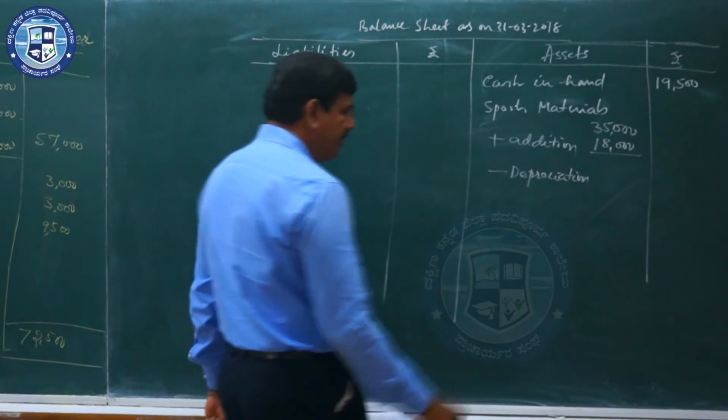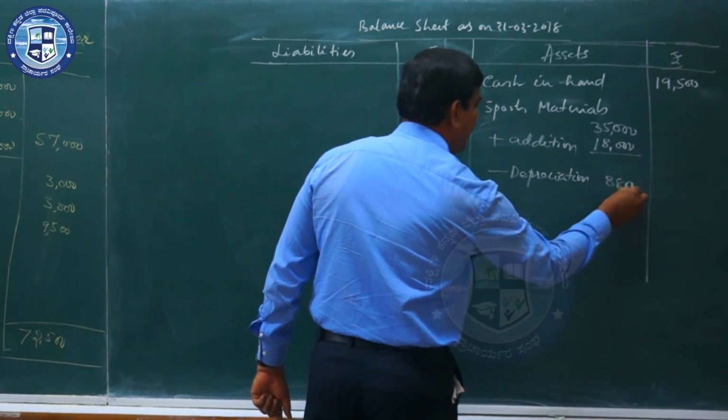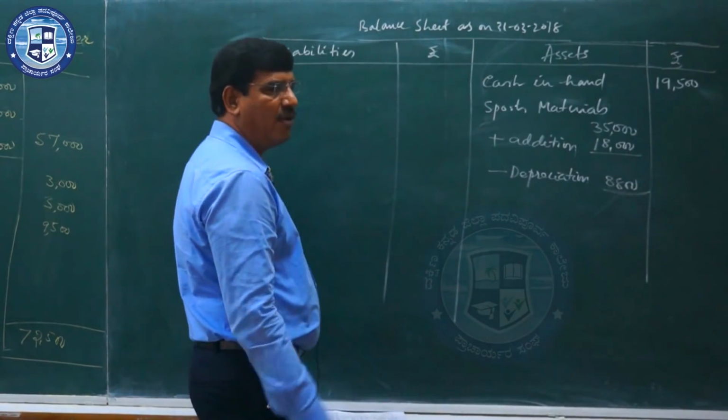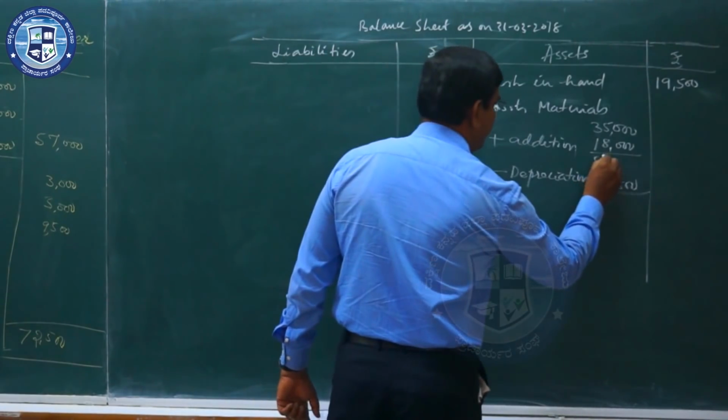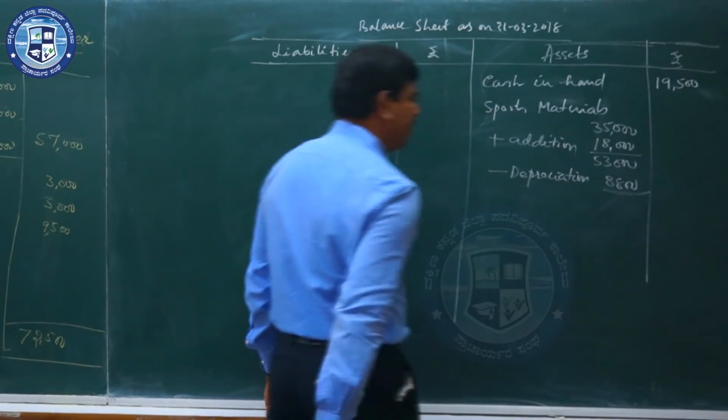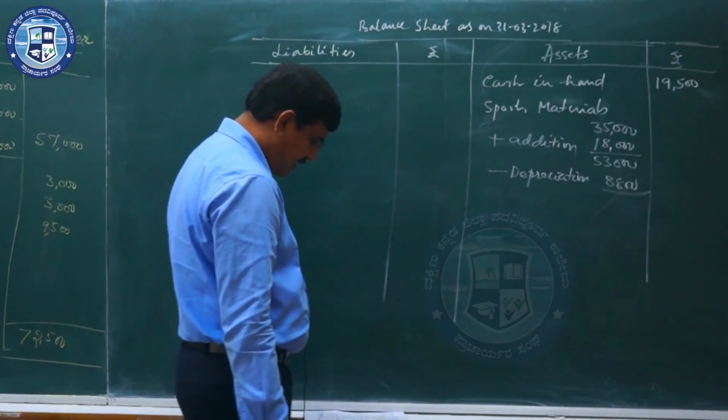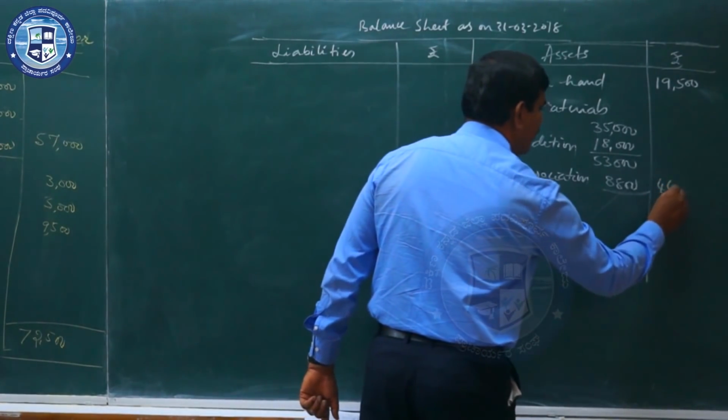The amount of depreciation is 8,800. So what is the amount to be entered in the outer column? Here it is 53,000 minus 8,800, 44,200.